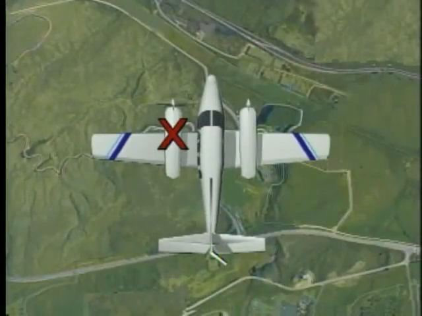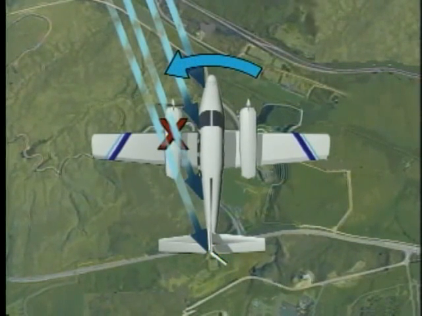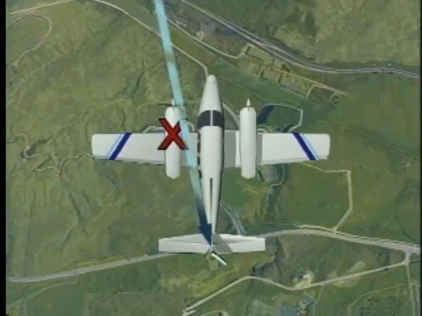This side slip condition will add to the problem of controllability by causing the relative wind to push against the left side of the vertical stabilizer and fuselage, which will increase the yaw toward the dead engine. The side slip also decreases the rudder effectiveness by preventing some of the relative wind from reaching the rudder.